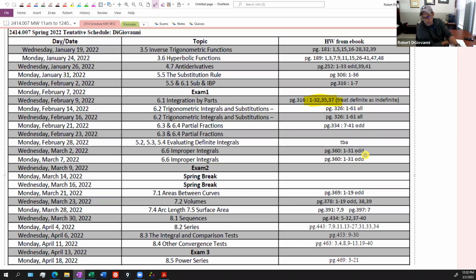So you should be okay with this up to 21. So 1 through 21 odd. Let me just look at those again. And then the rest of them will be after next class. You'll be able to handle the rest.